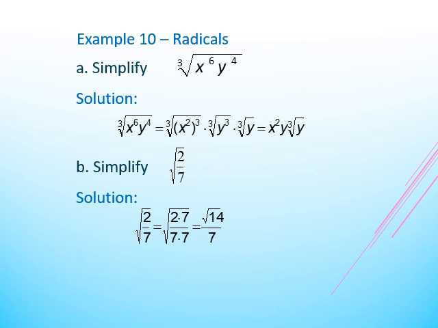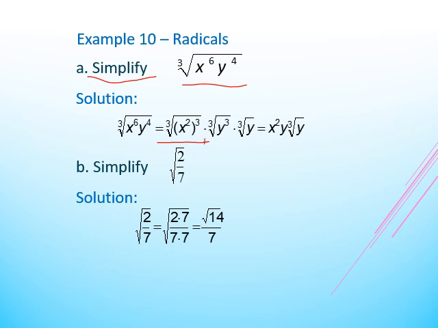Example number 10, we will introduce the examples for radicals. Here, just simplify this value. Remember the radical rules and properties and simplify the values. To simplify this value, we just partition this radical sign into 3 parts. The first part will be x to the power 2 all to the power 3 under a radical with index 3.